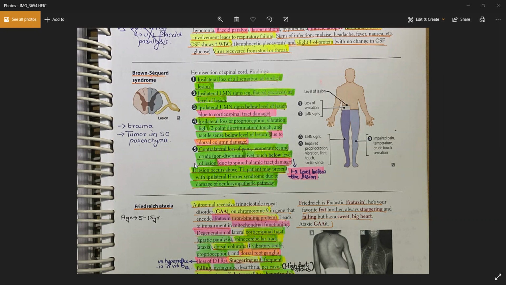Does that happen because sympathetic fibers only come out from the thoracolumbar region, or do they also come out from the cervical region? Sorry, I'm not able to understand your question. Okay, I'll ask it later on WhatsApp. I'll send you a diagram. That would be better.